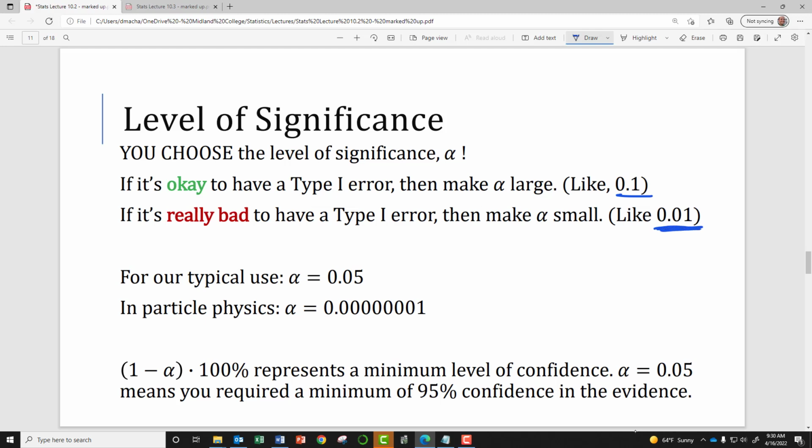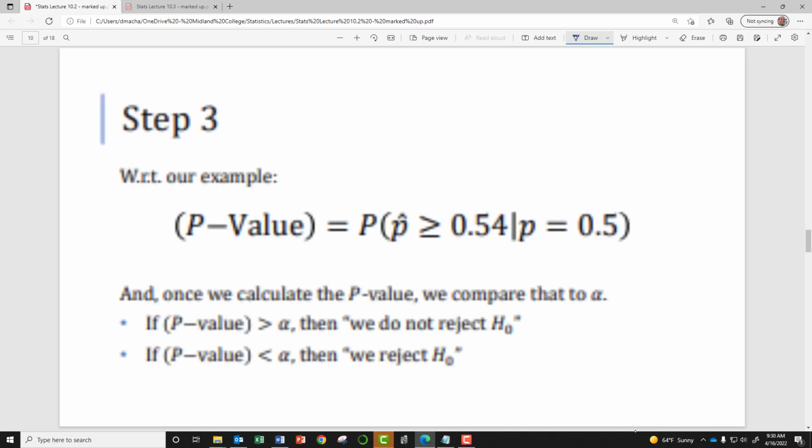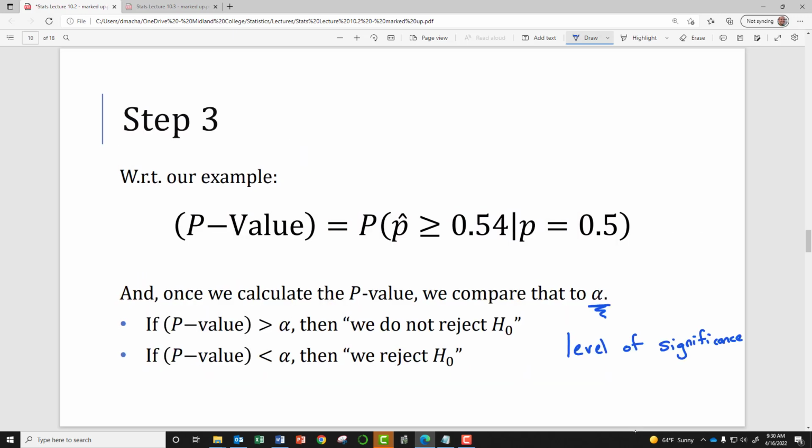Remember what a type 1 error is. A type 1 error is where we conclude in favor of our alternative hypothesis when actually our null hypothesis was true. That would be a type 1 error.